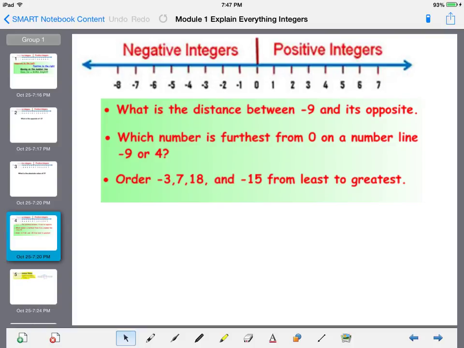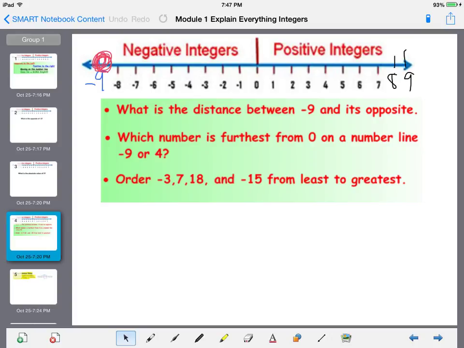We also talked about tricky questions like the distance between -9 and its opposite. This one doesn't have a -9, but let me go ahead and add it right there. If I'm at -9 and I want to know the distance between -9 and its opposite, well, its opposite is going to be all the way over on +9 over here.